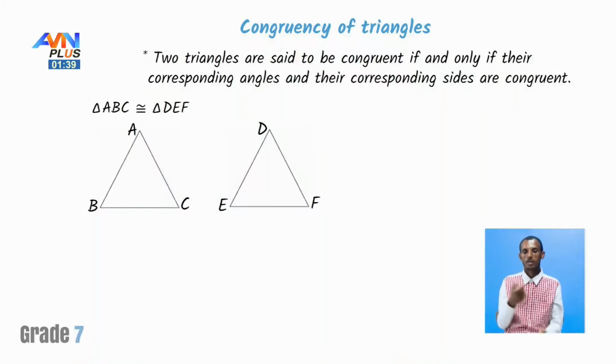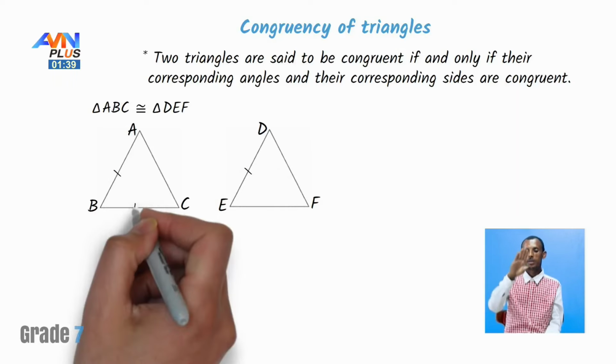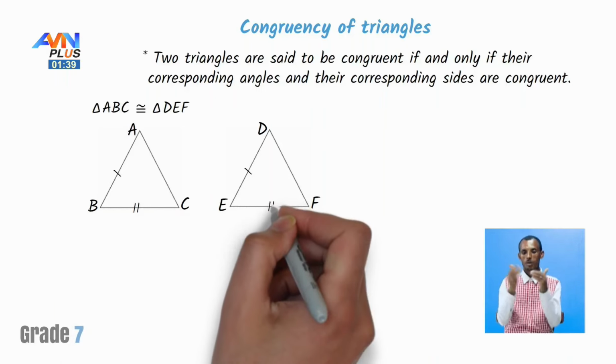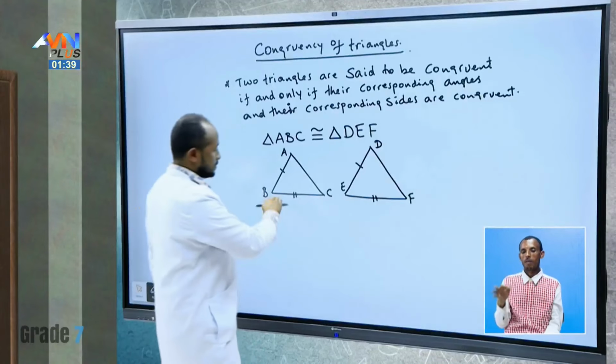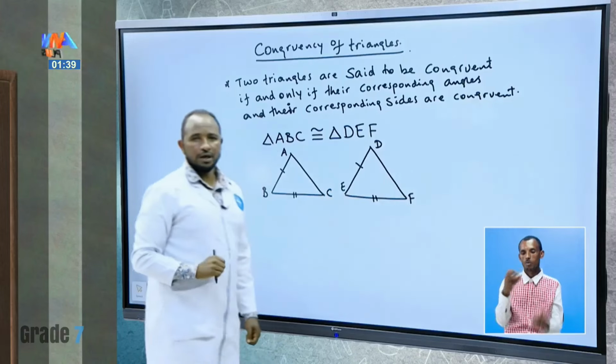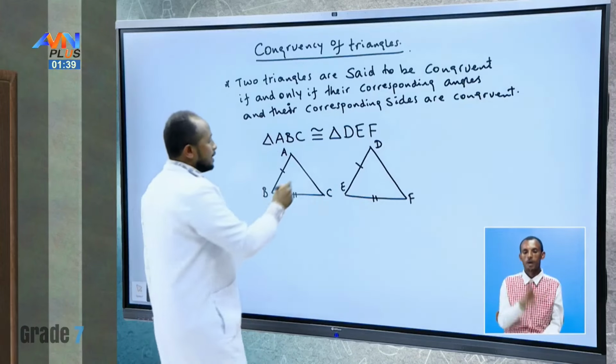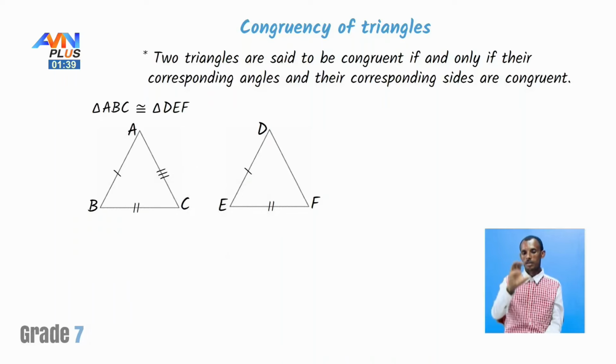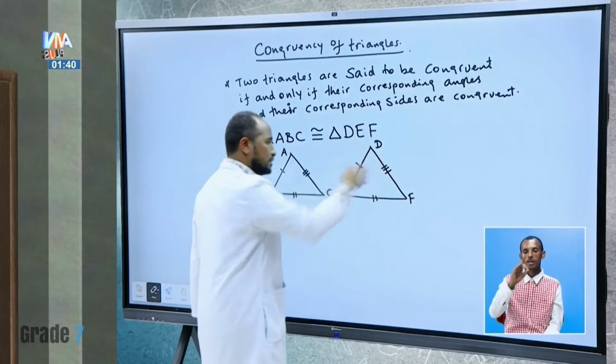This side must be equal with this one. And side BC must fit on side EF. This side must be equal with side EF. And again, this side must be equal with this side. So this side fits this one.